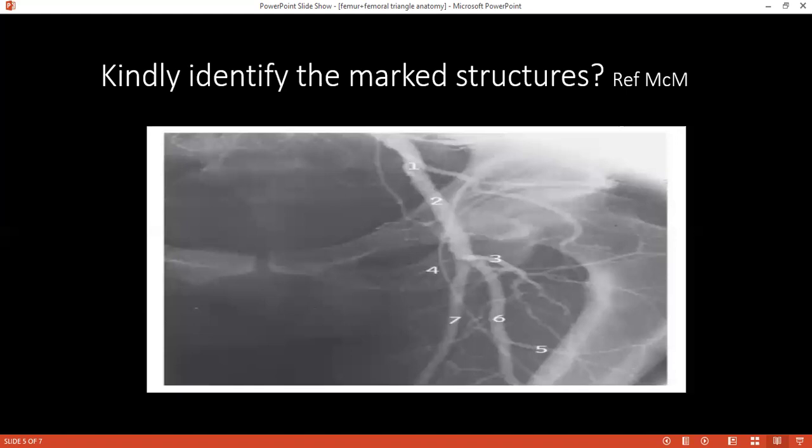What about the motor loss of the sciatic nerve? Sciatic nerve supplies the anterior compartment of the thigh. So the muscles forming the anterior compartment of the thigh, like iliopsoas, quadriceps femoris, will be paralyzed, and also the sciatic nerve gives branches to the hamstring muscles.